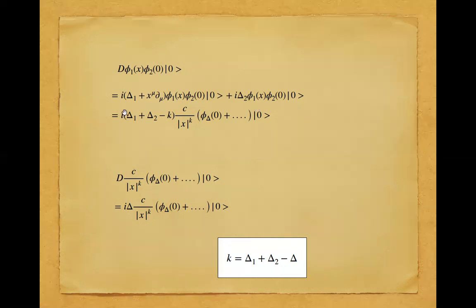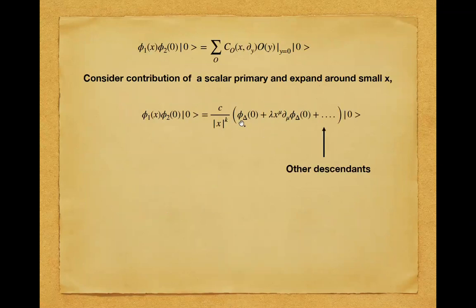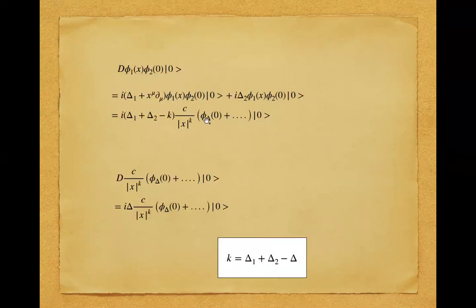Now you see that your terms have been arranged in the form phi 1 at x, phi 2 at 0 acting on the vacuum. Now you use this expansion, and when you take the derivatives you get something like this. So this is what you get when you act D on this state.